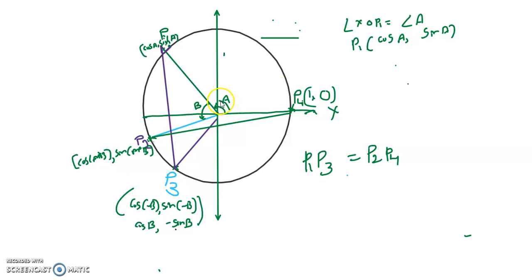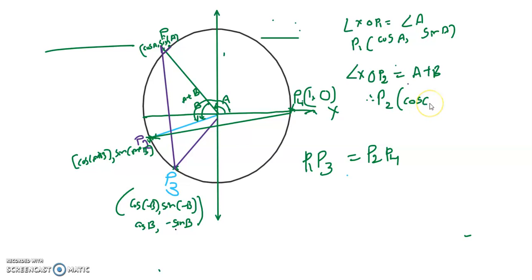Now, this is angle A and this is angle B, which means this total angle will be A plus B. If this total angle is A plus B, then angle XOP2 is equal to angle A plus B. Therefore, the coordinates of P2 are cos of A plus B, sin of A plus B, isn't it?